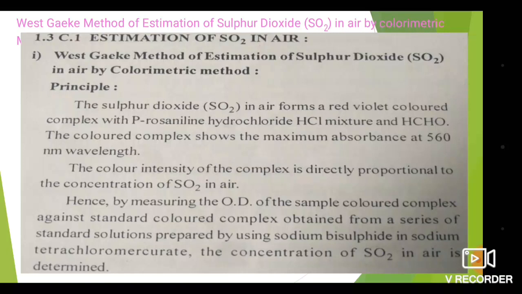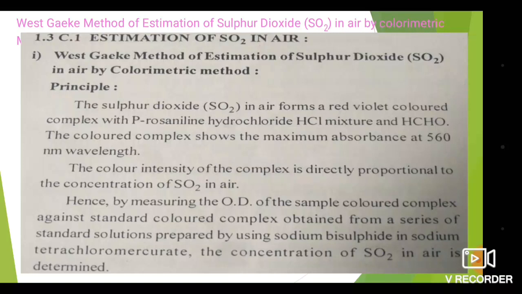What is the principle? We are going to form a complex of SO2, that is sulfur dioxide, with the mixture of para-rosaniline hydrochloride and formaldehyde. The colored complex shows the maximum absorbance at 560 nanometer wavelength, that is lambda max.